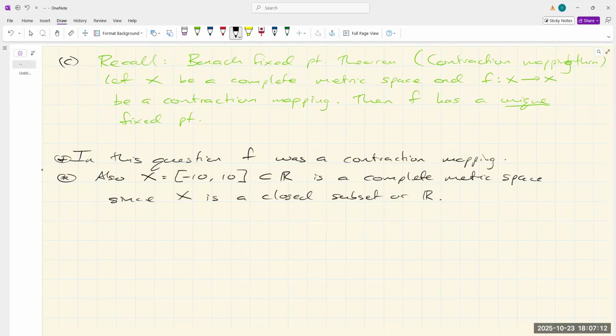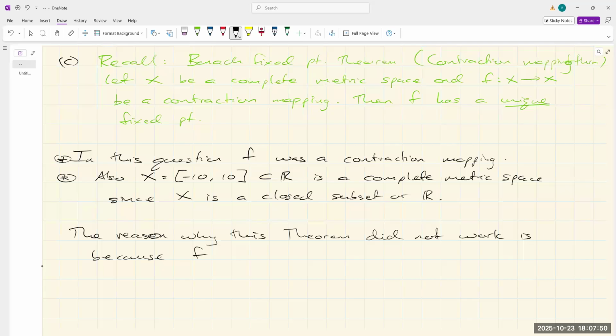The reason why this theorem did not work is because F does not map X into X. So in order for the theorem to work, F needs to map X into X.